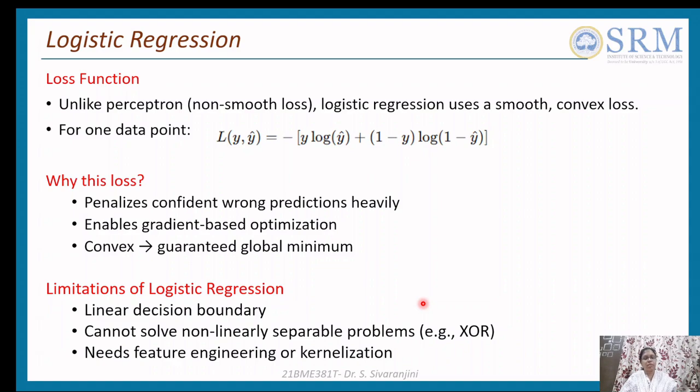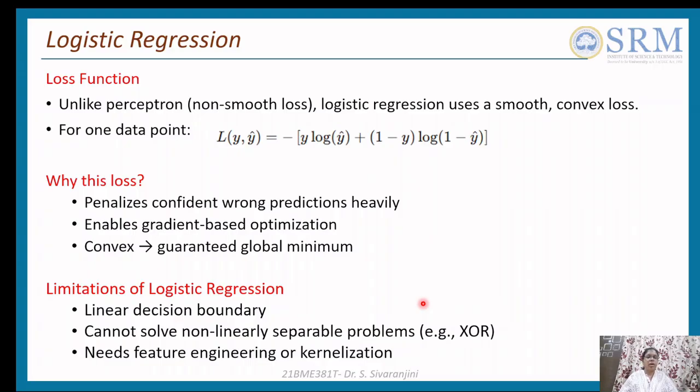We must manually transform the inputs or use kernel tricks so the model can handle these transformations. A straight line boundary cannot classify complex real-world data such as images, speech, handwriting, and medical images.